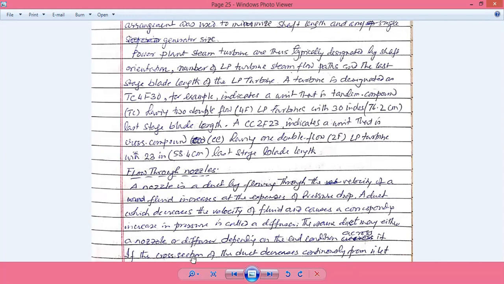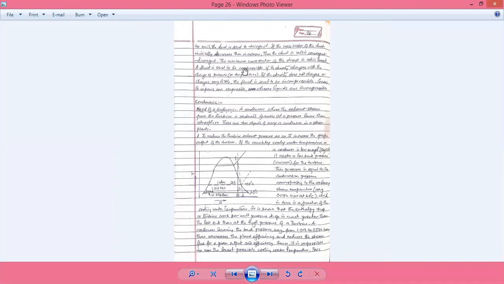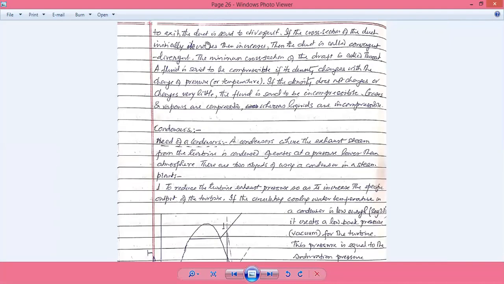If the cross section of the duct decreases continuously from inlet to exit, the duct is called convergent.